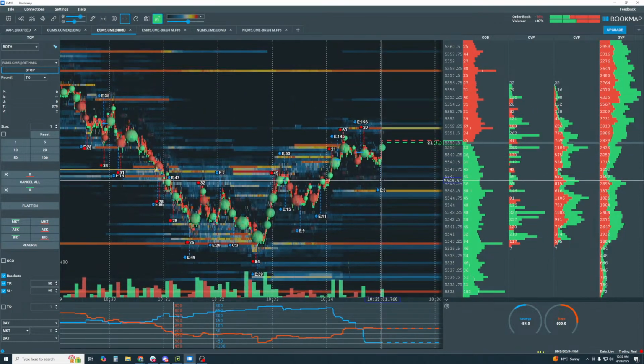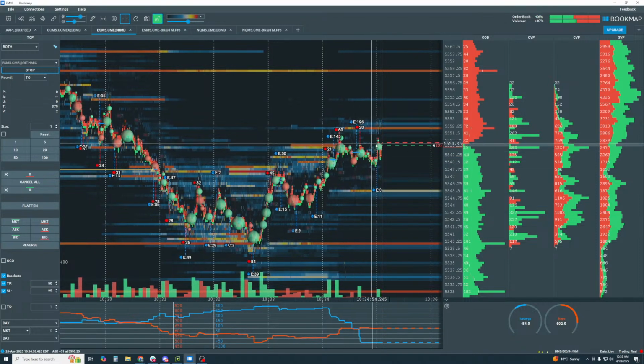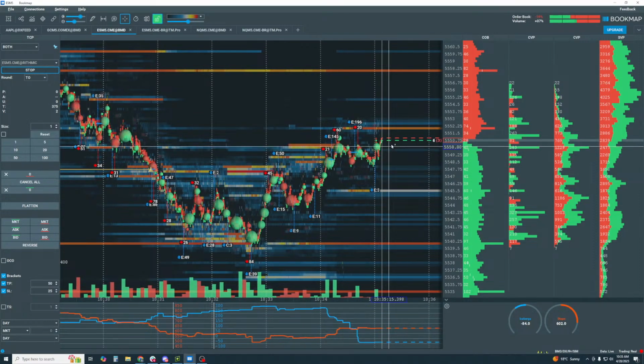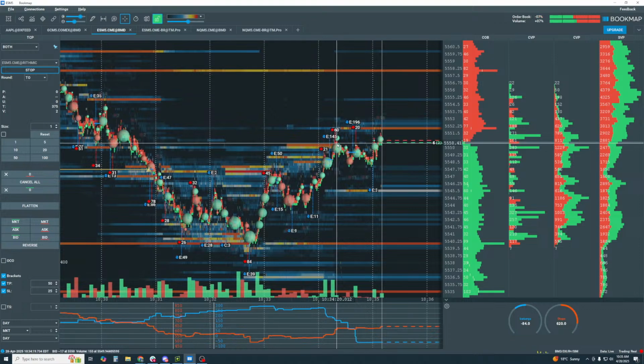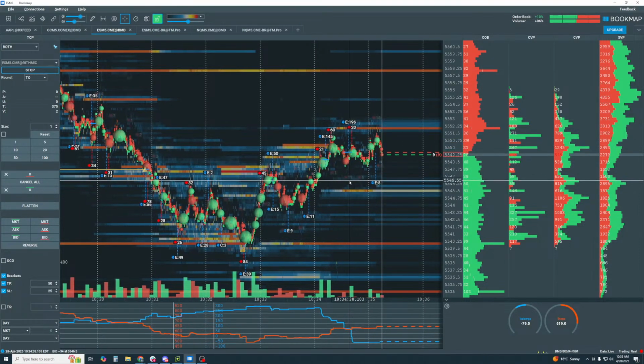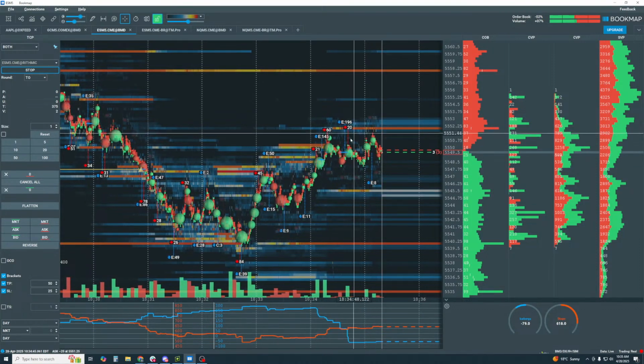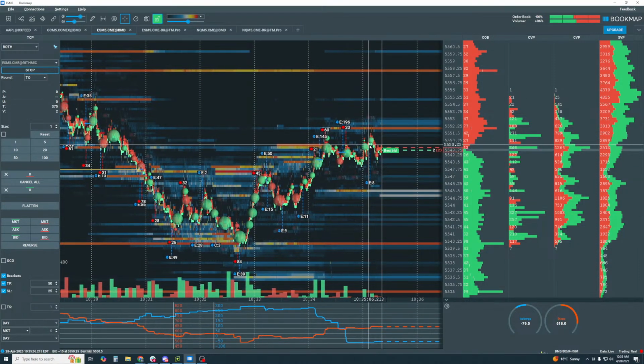It's not too clear yet. Now it looks more like it's going to be a continuation pattern here. We have more aggressive buying back up here now after absorption. So that kept us out of going short here.